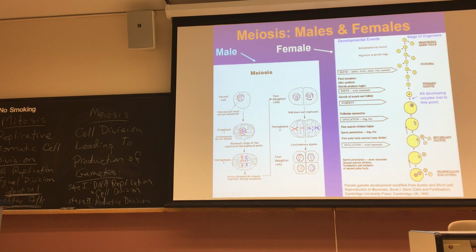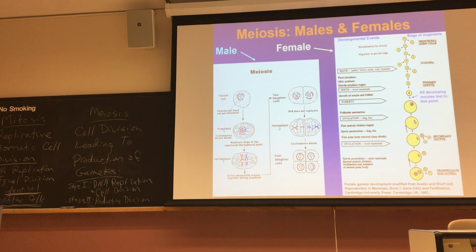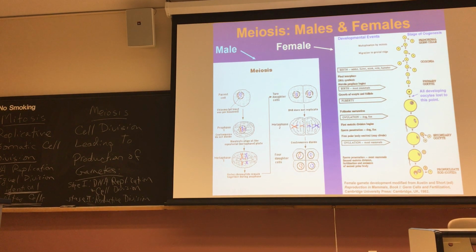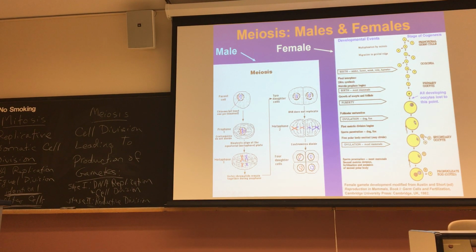So this is 2N at this point. And meiosis isn't completed until contact with sperm triggers a calcium flux that causes resumption of meiosis, extrusion of a second polar body, this time 1N, and acceptance of the sperm pronucleus into the egg, which has now got a female and a male pronucleus.